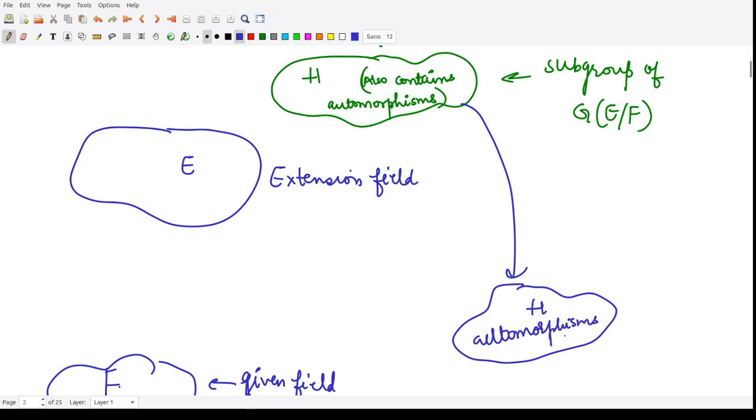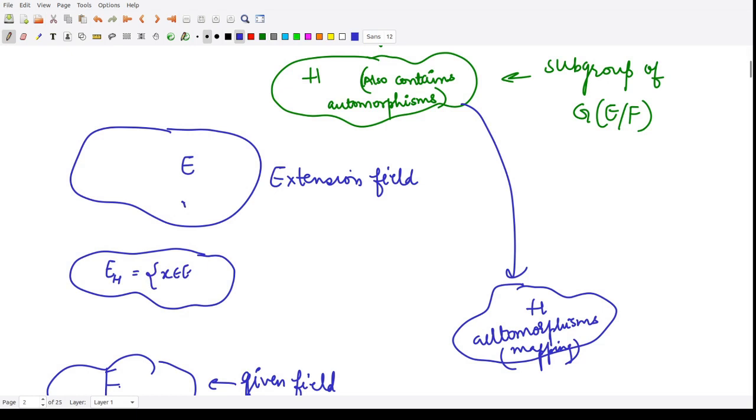That means it consists of all the mappings. So corresponding to this H, we are constructing one subfield over here, or one field over here, or one set over here, calling that by E_H, so that whenever you take some element x from E, the mapping taken from here would leave the element as such. So this forms an intermediate field.